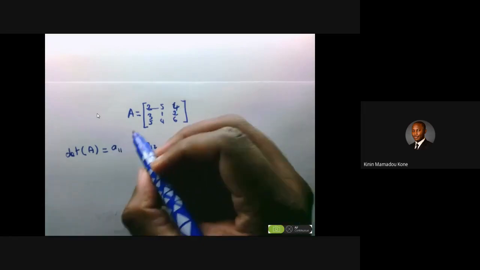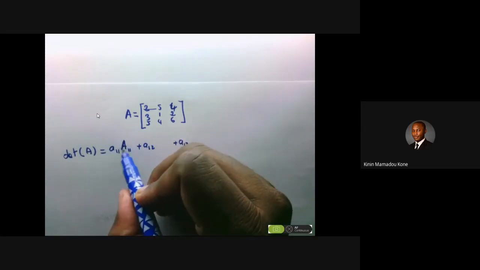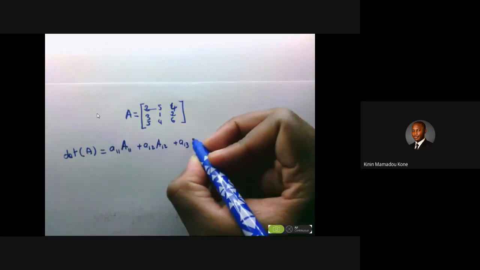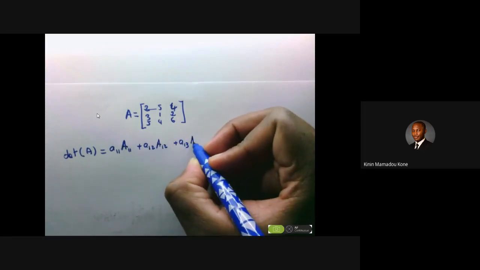And now I need the cofactors. The cofactor associated with the first entry over here is C11. The cofactor associated with this entry is C12. And the cofactor associated with this one is C13.